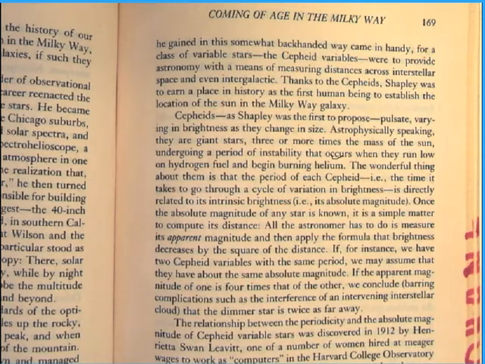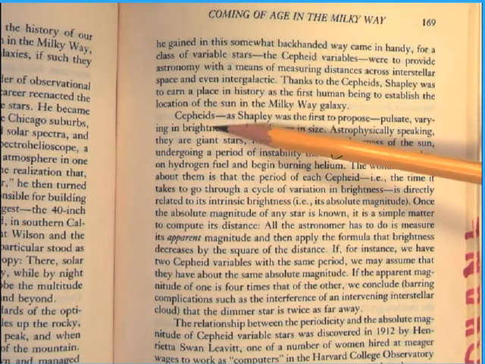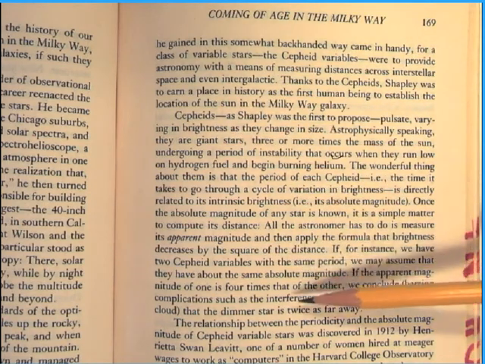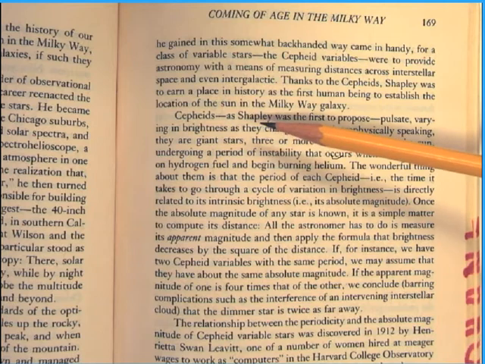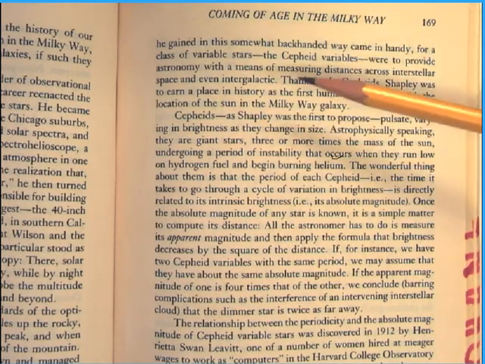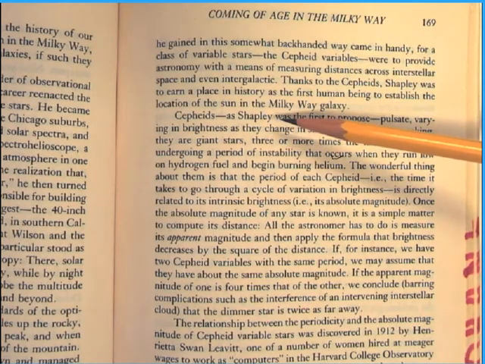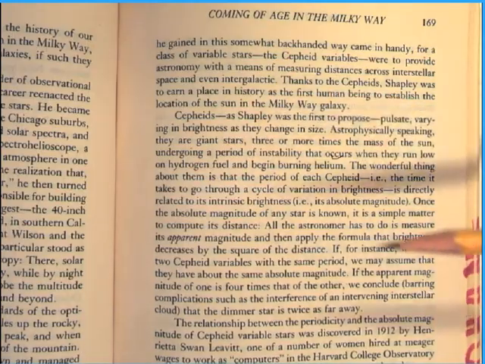To put things in context, remember the section in Coming of Age of the Milky Way on pages 169 to 172. There is a section on Cepheid variable stars right here, and about how they were used by Harlow Shapley in order to find distances to globular clusters within the Milky Way.